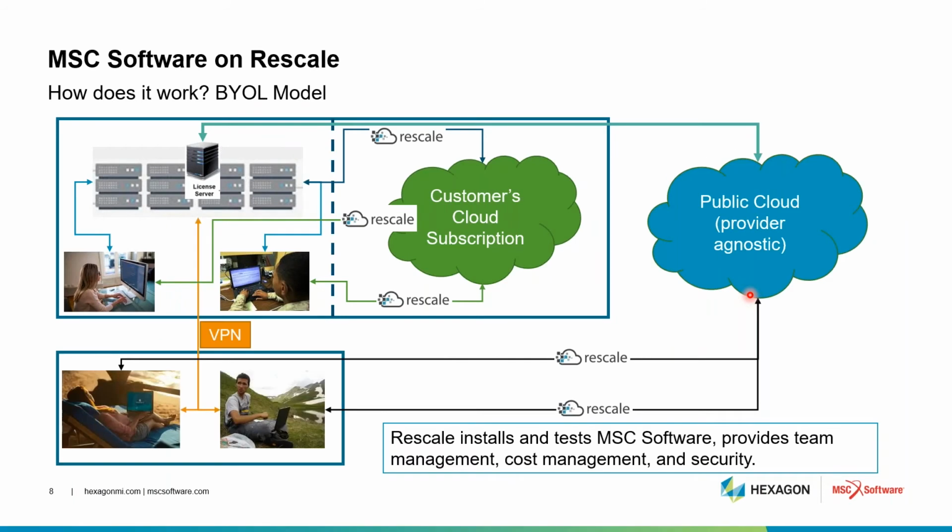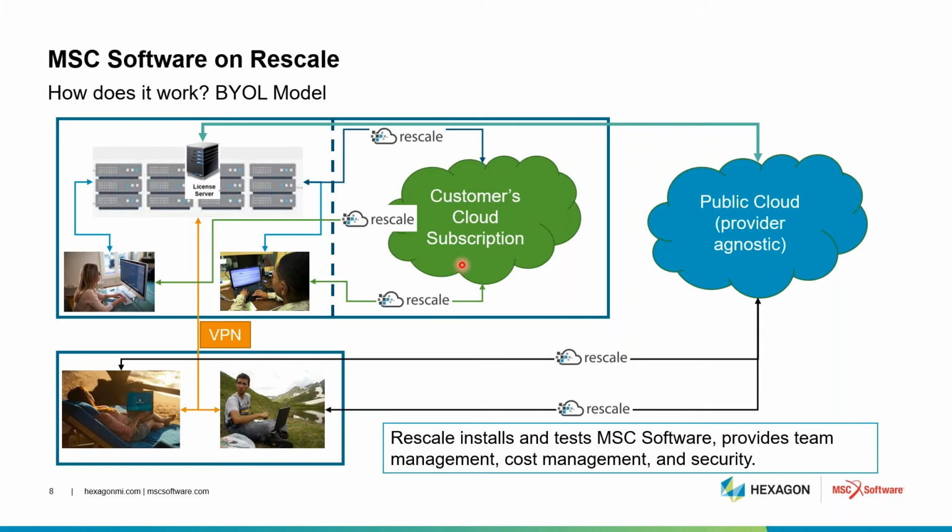So let's go through some of the terminologies here. This is very typical. There are two types of model. One is the bring your own license model, where you have your license server set up by your organization, and the employees can work from anywhere at their leisure, like from home, in some cases from the beach or while camping.